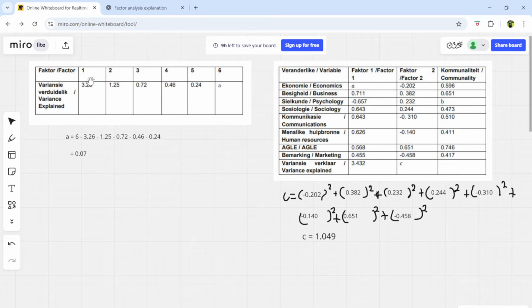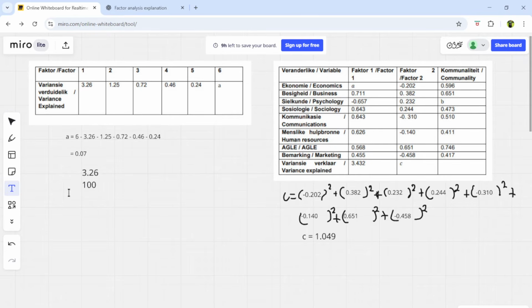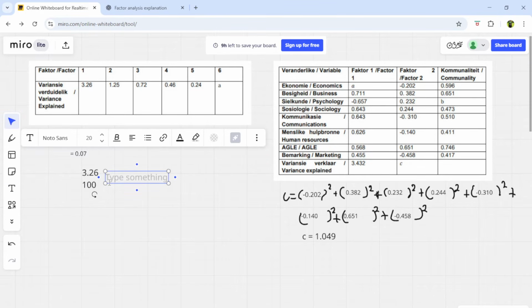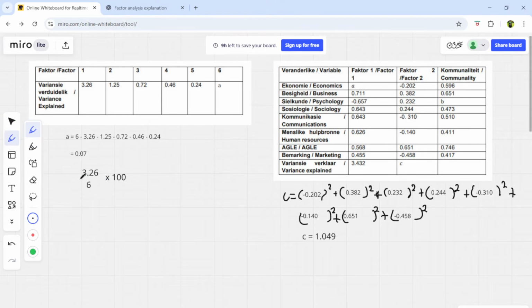In that case, they want you to take factor 1, the variance explained is 3.26, so you're going to divide by 6, because the number of factors is 6, and multiply by 100.